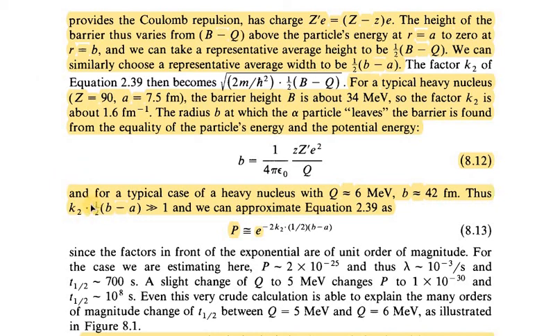Thus, K2 into 1 by 2 into b minus a is much greater than 1, and we can approximate the probability equation as P equal to e power minus 2 K2 into 1 by 2 into b minus a.